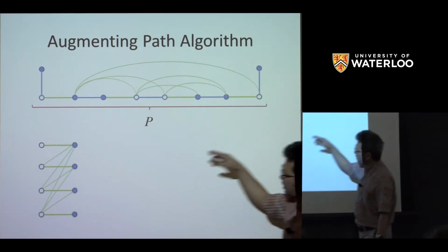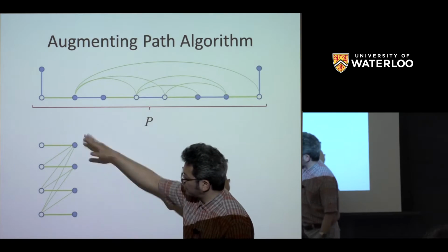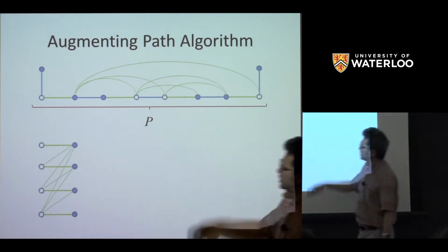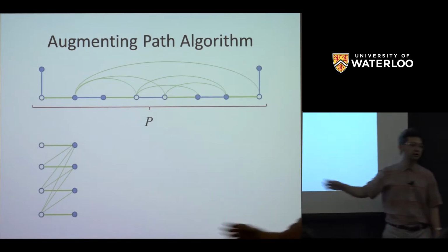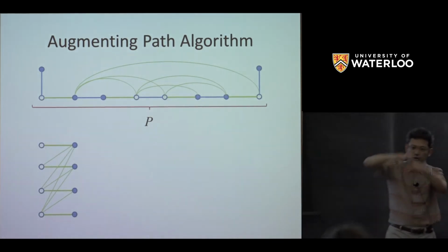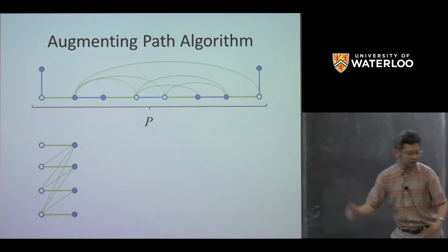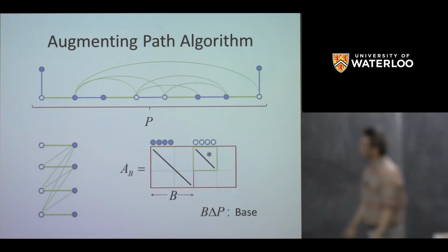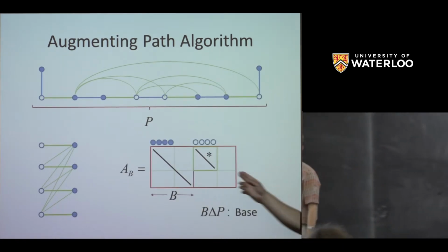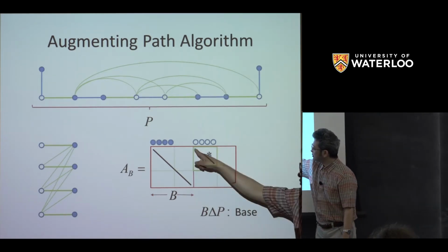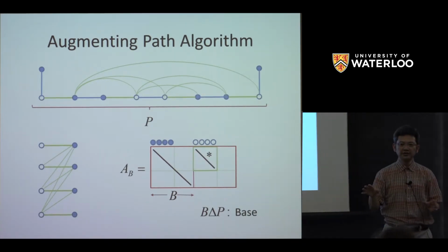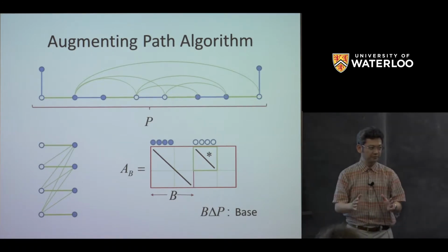But if we have arranged these green edges in appropriate order, we will see that this bipartite graph has a special property: it can be ordered appropriately so that it corresponds to the upper triangular form of the matrix. If we have an upper triangular matrix with non-zero diagonal, then that must be non-singular.